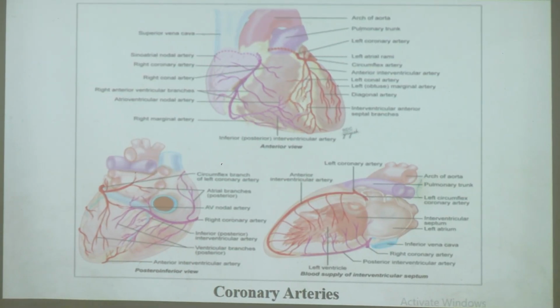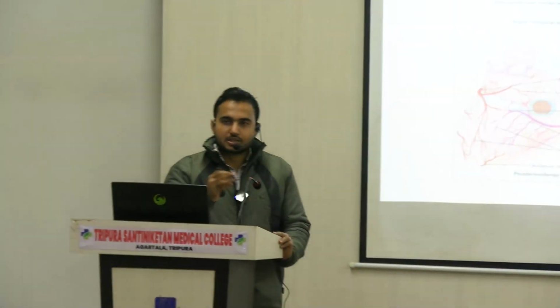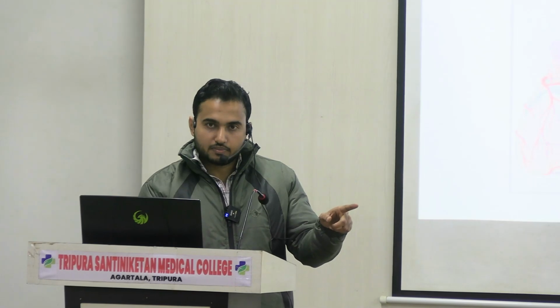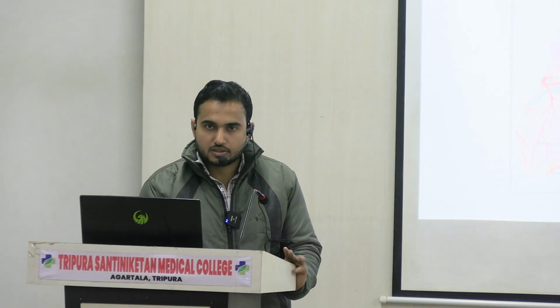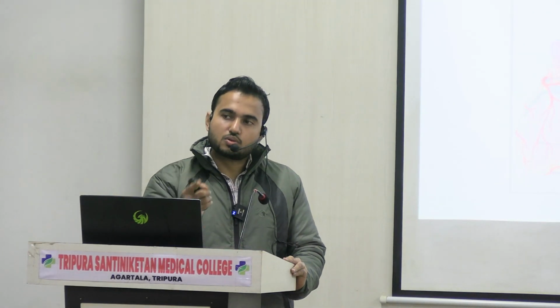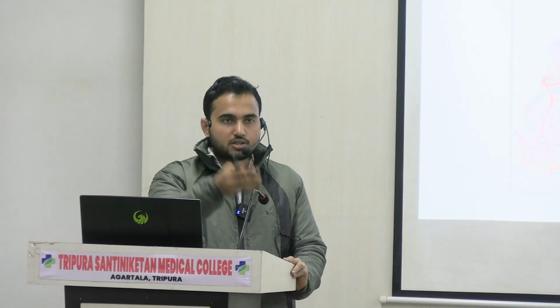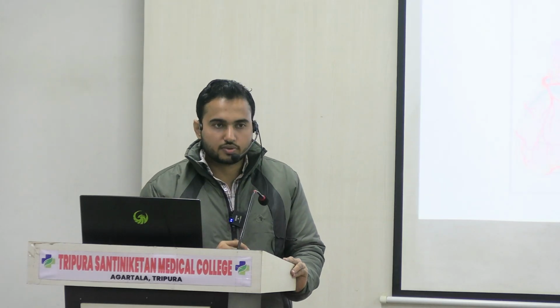Why? Because the arteries, their branching pattern and distribution, are not only on the anterior aspect, but also on the posterior aspect. So once you are drawing the diagram to show the coronary arteries, you have to draw two diagrams, one for the anterior view and another for the posterior view.